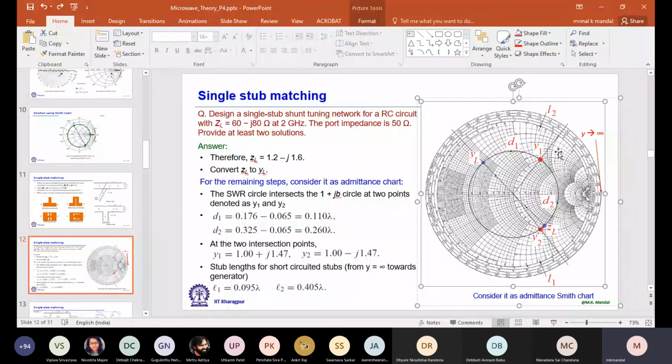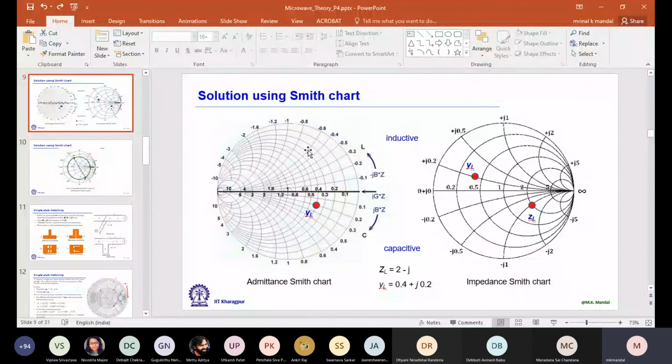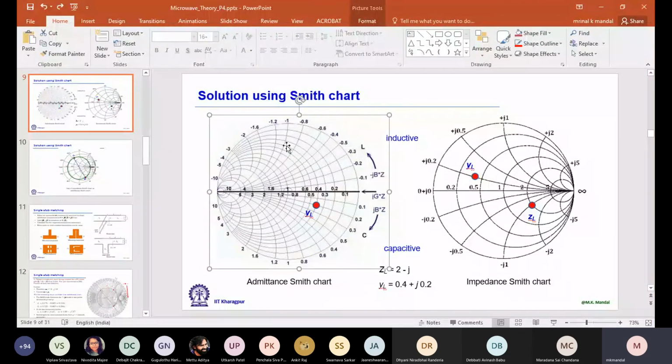At this point, Y goes to infinity. You can compare this situation with this one. You see here, we rotated the impedance Smith chart to get the admittance Smith chart. Because I want to overlap it, the point where R goes to 0 or R goes to infinity should remain the same for both the impedance Smith chart and the admittance Smith chart.